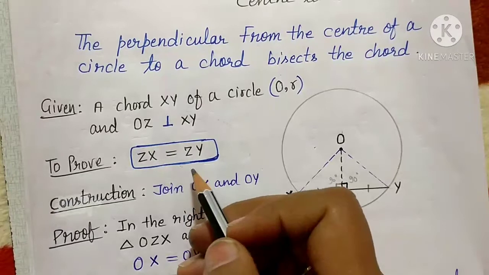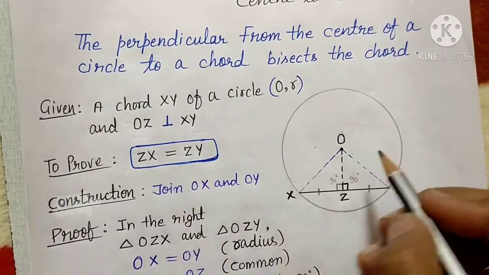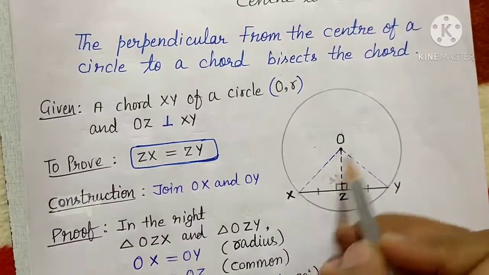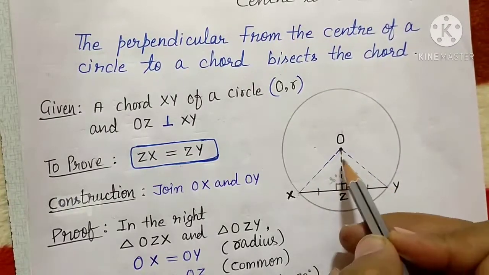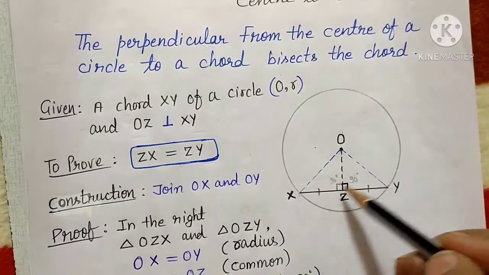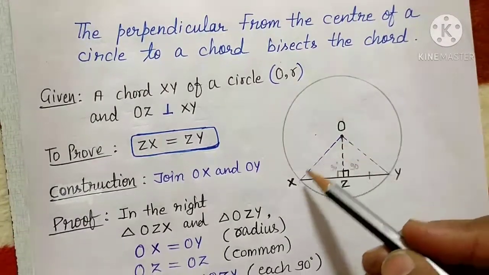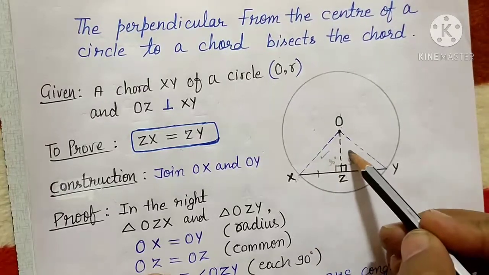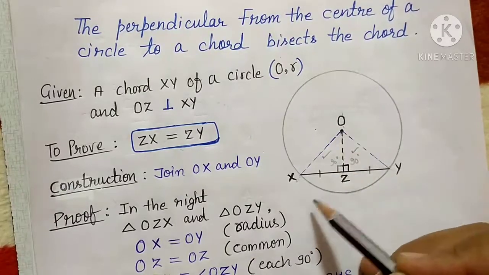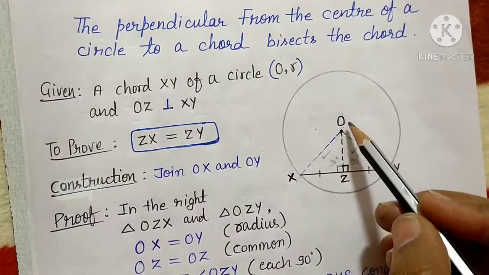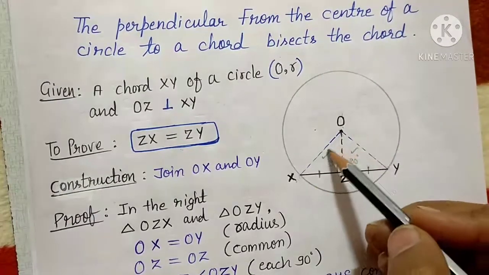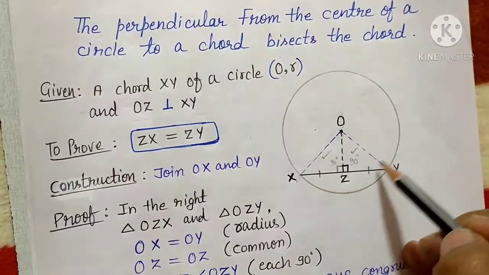So we are doing a little construction. We are joining O to X and O to Y. So what do we get? We get triangles OZX and OZY, two right triangles. We can see that OX is equal to OY because they are radii of the same circle.